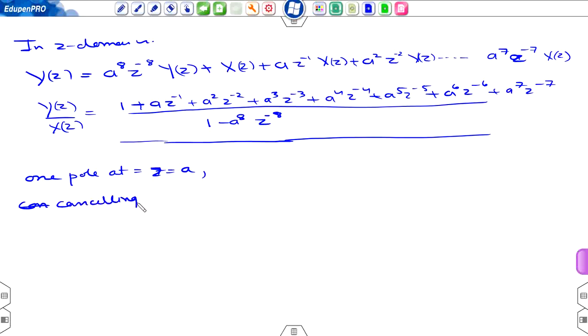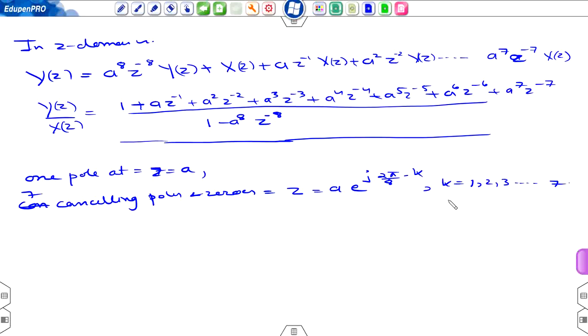So the 7 cancelling poles and zeros will be at position z equal to a times e raised to the power j 2 pi by 8 times k, where k is equal to 1, 2, 3 up to 7.